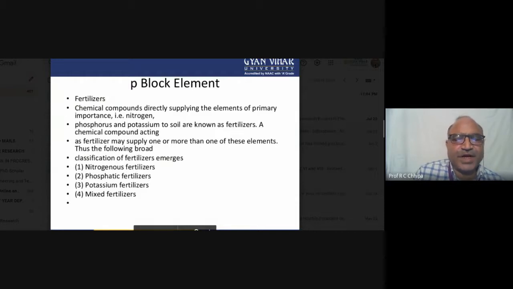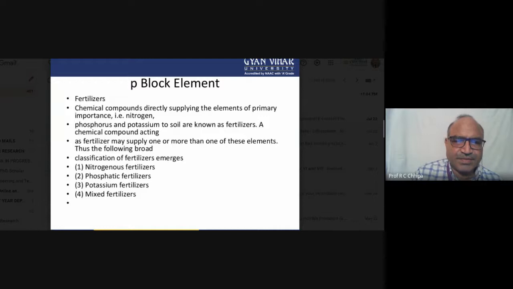Nitrogen is in the form of nitrogen gas. If suppose we have the air composition, about 20% is oxygen. If the oxygen content increases in the air, there will be no life because explosion occurs. So the relationship of phosphorus and potassium to soil, these are the fertilizers, active chemical compounds.